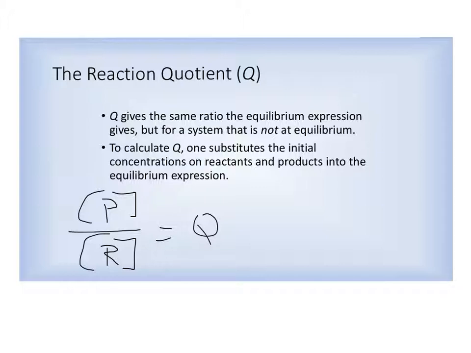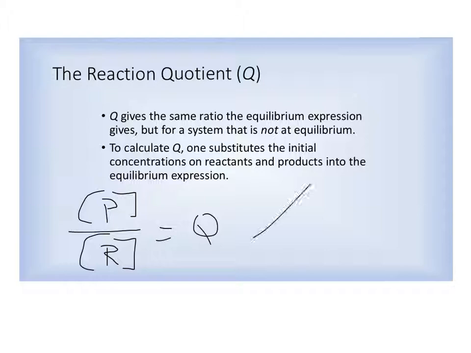Especially if we're trying to look at that change row in our ICE table, it's pretty important to recognize, am I going to be reducing the amount of products and making more reactants to get to equilibrium? Am I going to be reducing the amount of reactants and making products to get to equilibrium? And so that's what the Q value can help us to assess. Are we at equilibrium? And if we're not, what does the system need to do to get there?